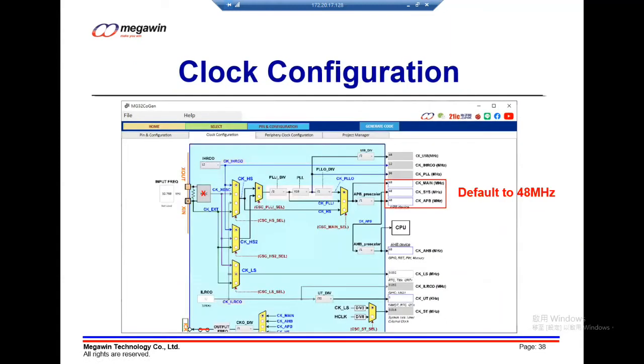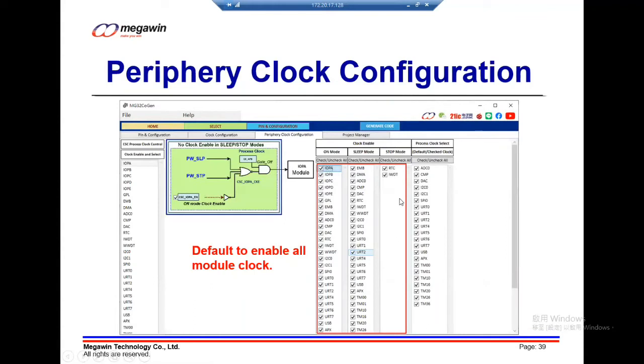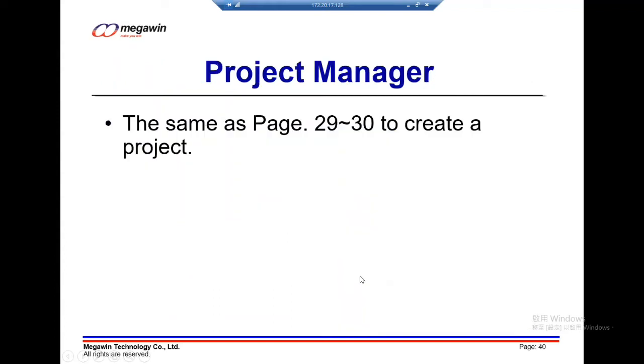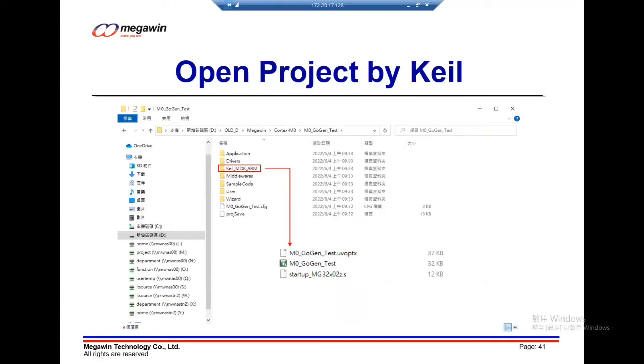And this is the CSC we already set in the board configuration and the peripheral configuration. To create a project is all the same way. After you use the CoGen to generate a new project, you can use the KL to develop with that project.